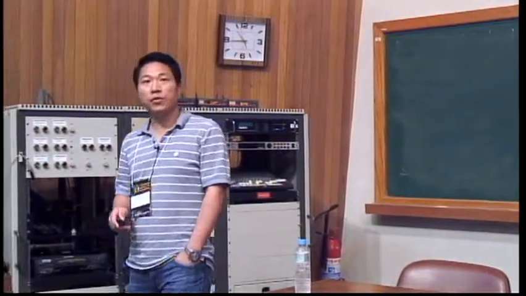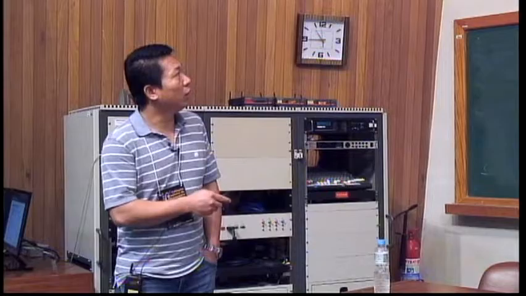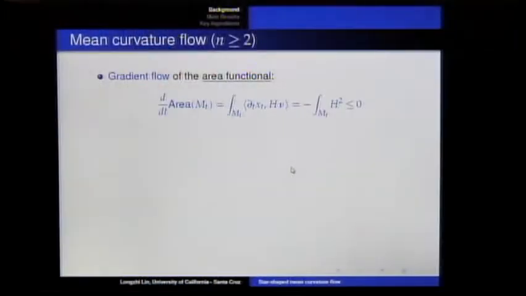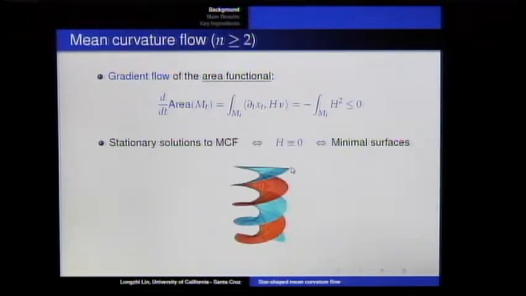If you take the time derivative of the area functional along the mean curvature flow, you get minus the integral of the mean curvature squared, which is always non-positive. So the area is non-increasing along the flow. The stationary solutions correspond to hypersurfaces where the mean curvature vanishes at every point, which we commonly refer to as minimal surfaces.